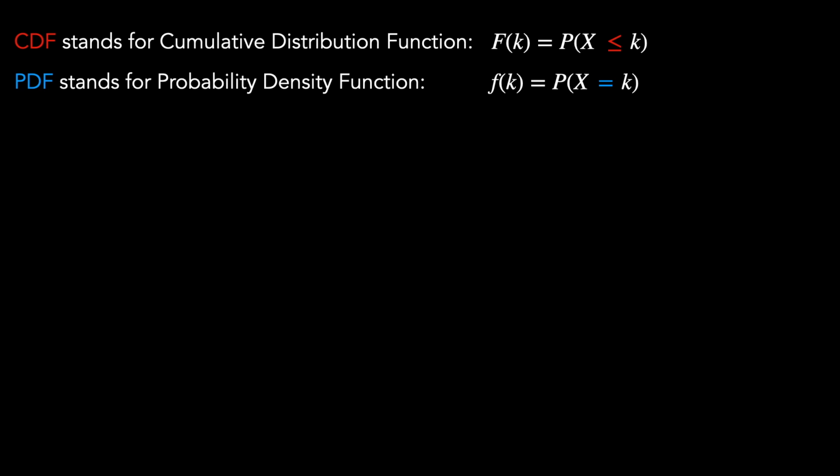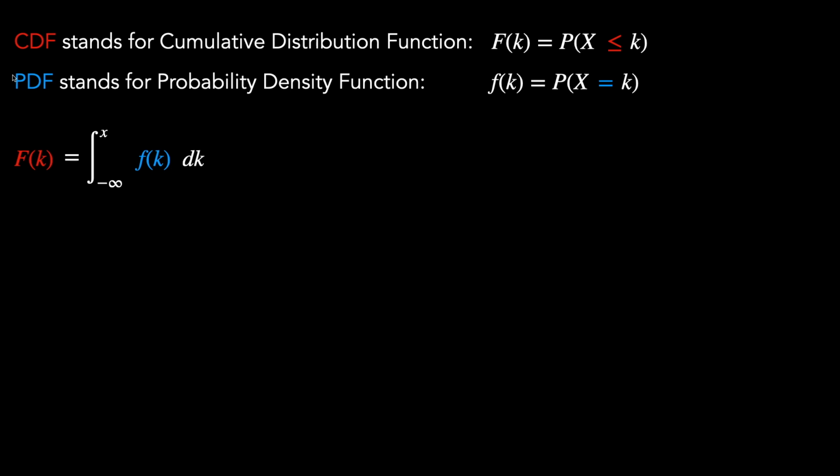For your purposes, if we're not being rigorous, we can think about it like capital F, cumulative, is less than or equal to k, PDF, small f, x is equal to k. And if we want to go from small f, the PDF, to capital F, the CDF, then we integrate, okay?